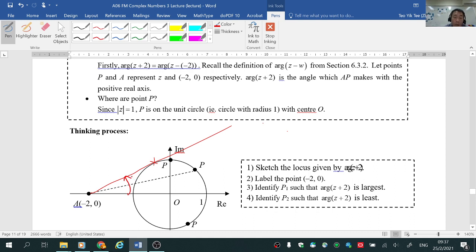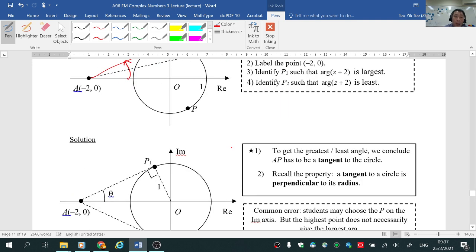You need to activate a little bit of trigo, a little bit of geometry from your secondary school. It's a radius and tangent relationship. If my red line just skims the circle, it is a tangent to the circle. And if it's a tangent, it makes a 90 degree angle with the radius of the circle.